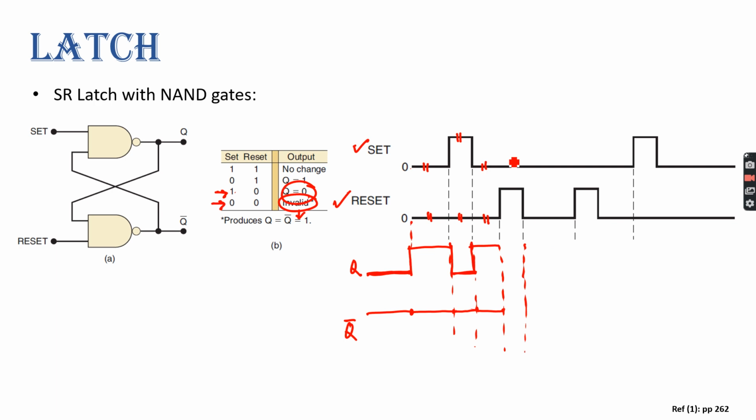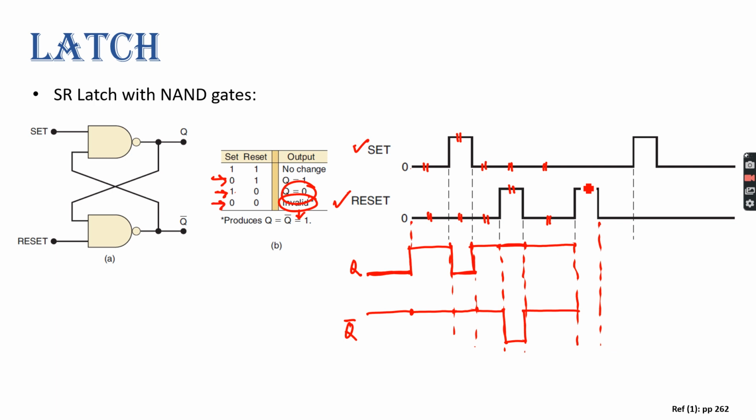Now for the next state, this is 0, this is 1. So if you see 0 1, it gives you Q 1. So it will be 1, and this will go to 0. Again up to this part, both are 0, so both Q and Q bar will be 1.